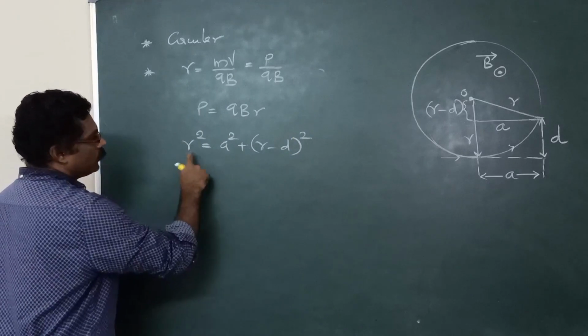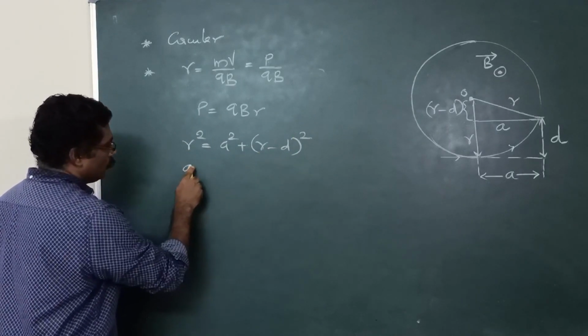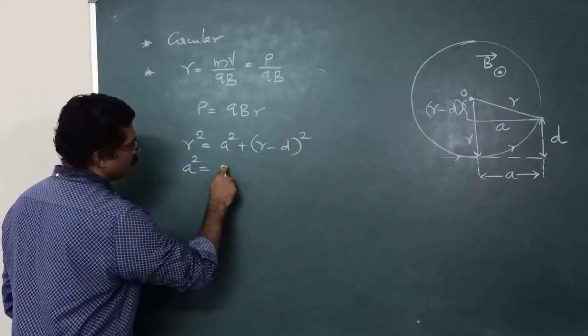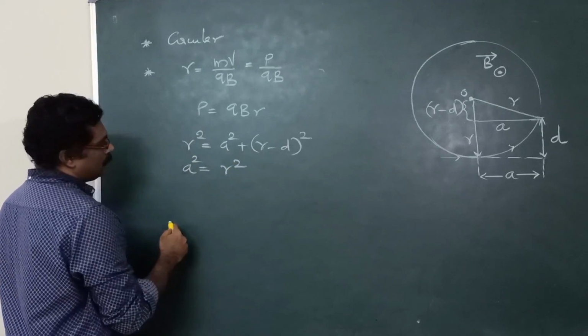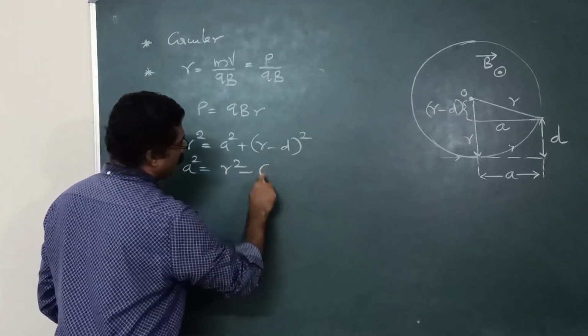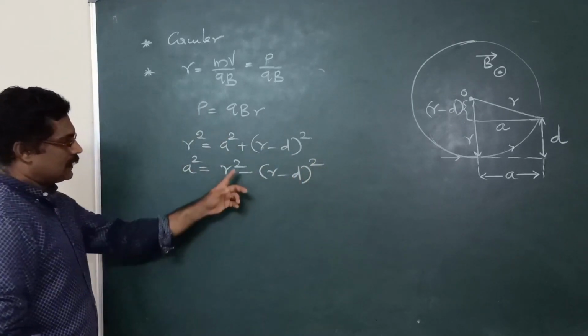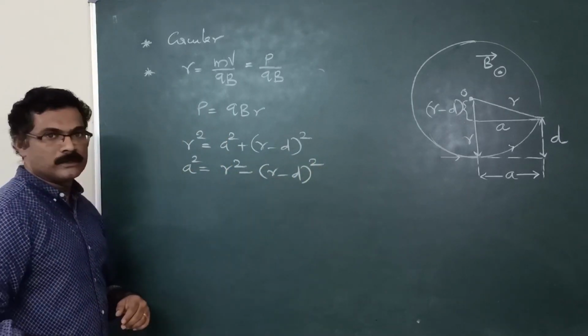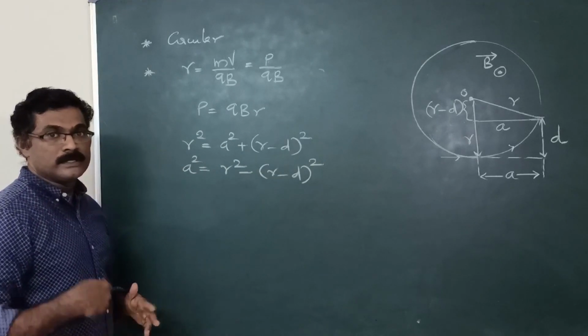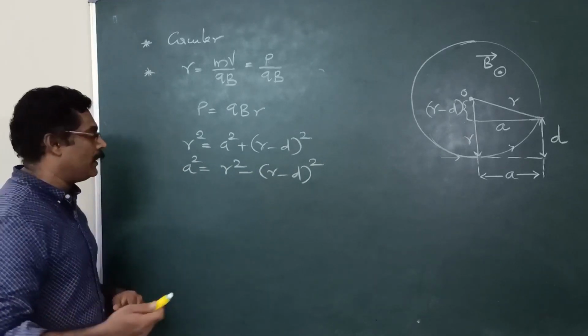You need to find r. So you can rewrite this equation as: r square minus (r minus d) all square. This is actually a square minus b square, and a square minus b square is (a plus b) into (a minus b).